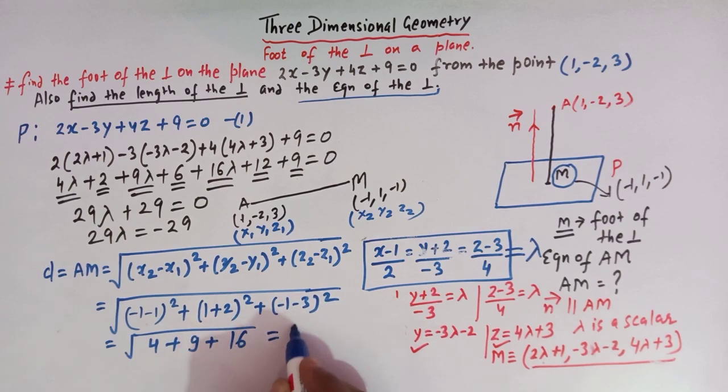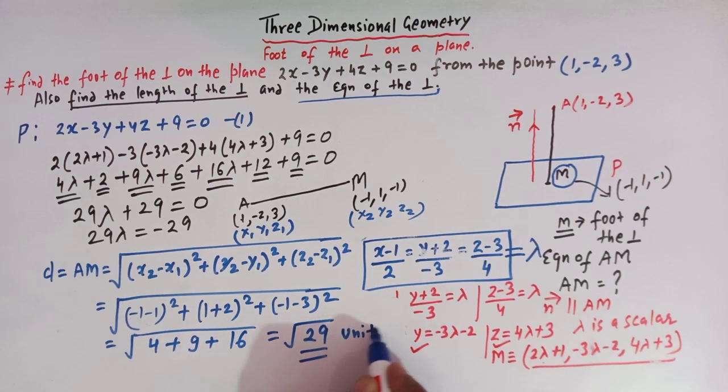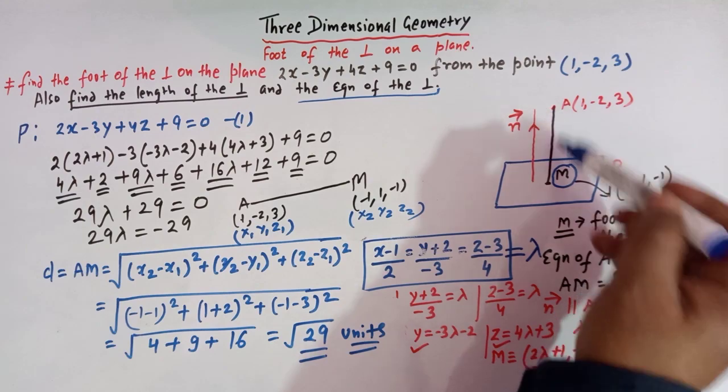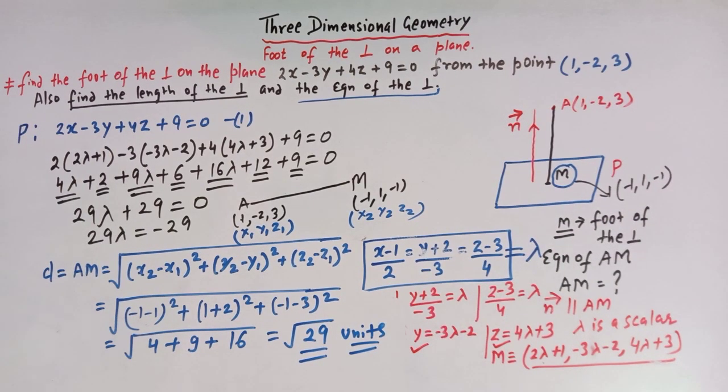So we have here the square root of 29 units, right? So the length of this perpendicular AM is given by the square root of 29. So viewers, this is how we can solve this problem.